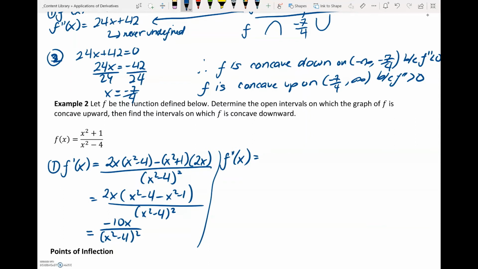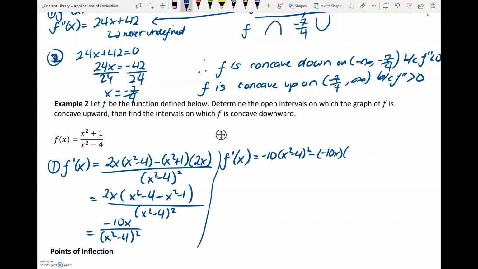So we'll take the derivative of the numerator, which is negative 10, leave the denominator alone, subtracted by negative 10x, and then take the derivative of the denominator, which we are going to use a chain rule for.